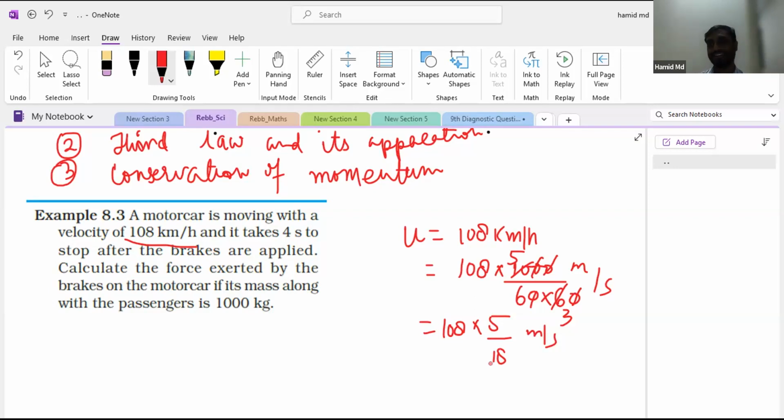Read the table of 18. It will be 6 into 5. How much is it now?